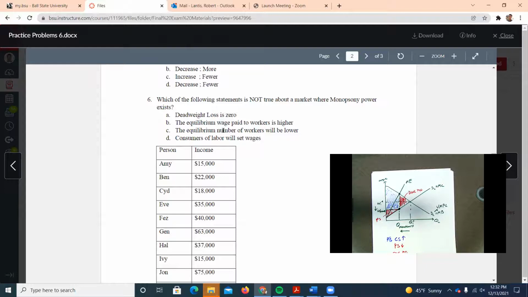The equilibrium number of workers will be lower. Well, that one we said is true, right? And consumers of labor will set the wages. Well, yeah, the consumer of labor was the company. There was one employer, but they're the one who is consuming labor. So the consumers set that wage based off of what that optimal quantity they chose was going to be.